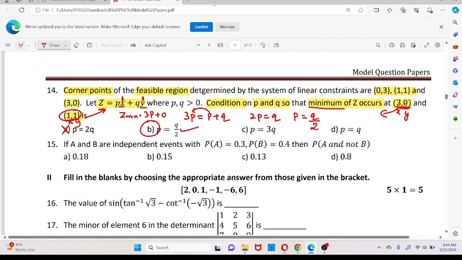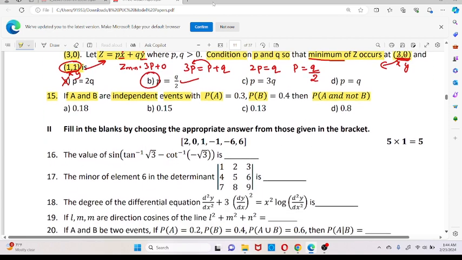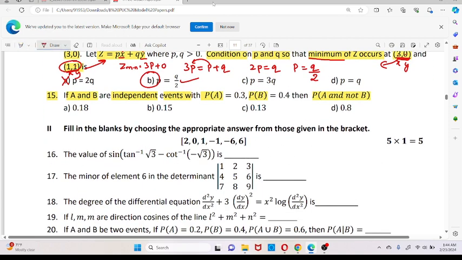Next we'll go to the 15th one, that is if A and B are independent events with P(A) and P(B) given, they are asking for P(A and not B). See, independent events we can check here. P(A and not B) is nothing but P(A intersection B dash).